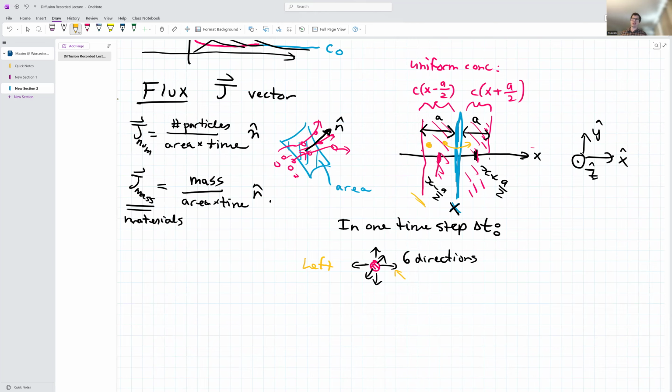All the other ones that hop in the other directions will not move through the blue area. And because all of the 6 directions are equally likely, in terms of the concentration, 1/6 of the concentration will move through the blue area. So the way to say that would be 1/6 of the concentration at x minus a over 2 moves through the blue area.